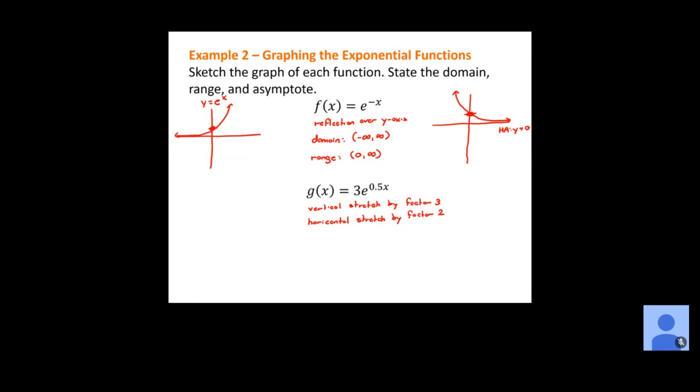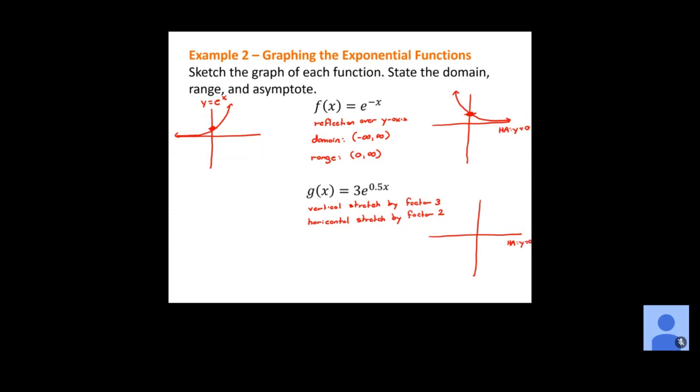Now, in terms of the graph, right, stretching it horizontally and stretching it vertically, think about what changes here. Where's our asymptote going to be? Still at 0, right? Because if you stretch 0, it doesn't matter. It's still going to be y equals 0 as that horizontal asymptote.